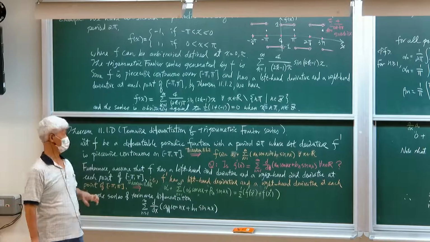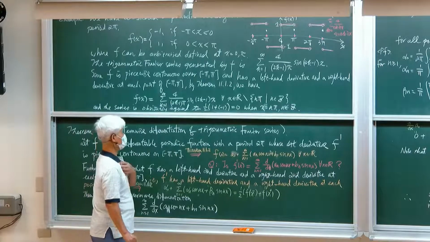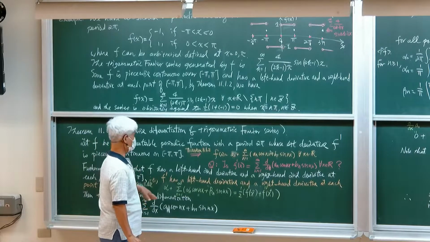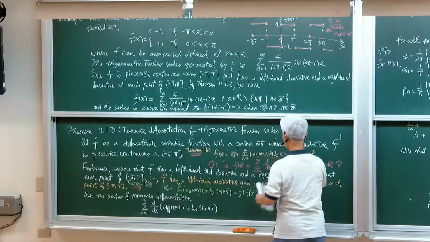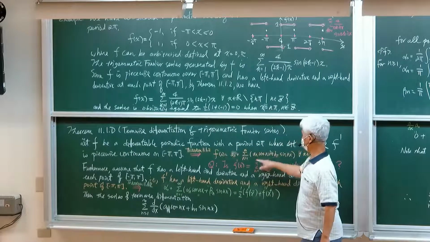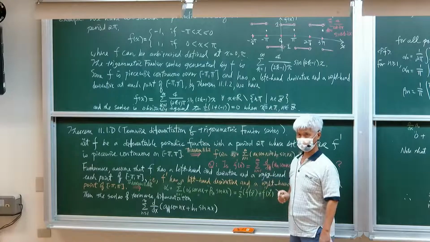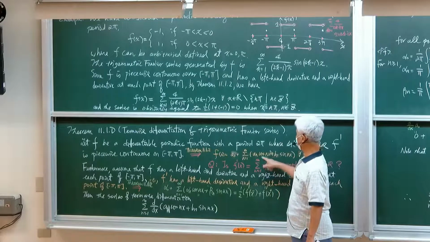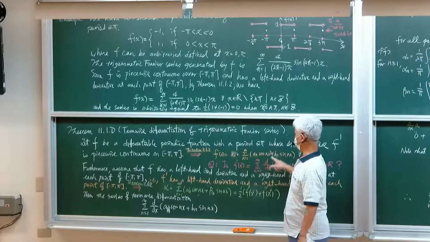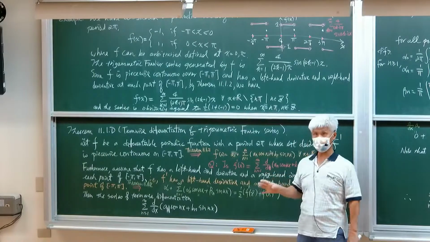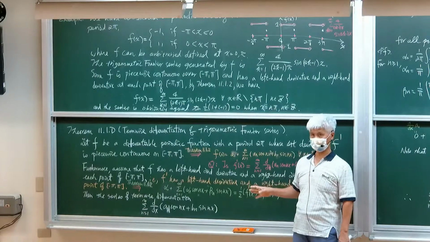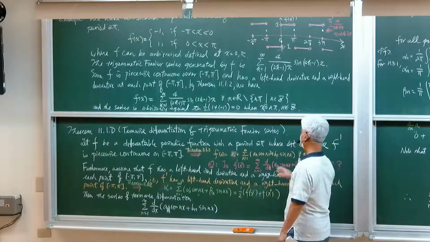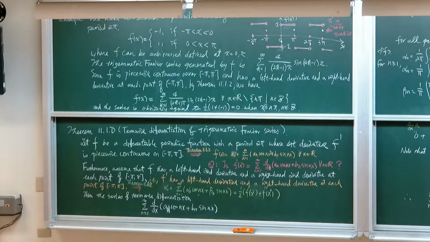Okay, in that case, then we can do the termwise differentiation for this Fourier series. Okay, and the series of termwise differentiation converges for every point, and well, converges to f prime of x when the first derivative f prime is continuous at x.